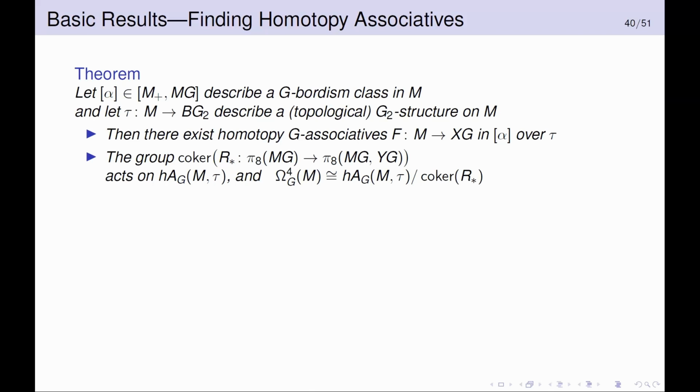Remember, MG was the Pontryagin-Thom space for the group G. YG was a Thom space for a restriction to one fiber of the bundle BG over BG2. So YG really sits in MG, and we can take this relative homotopy group.